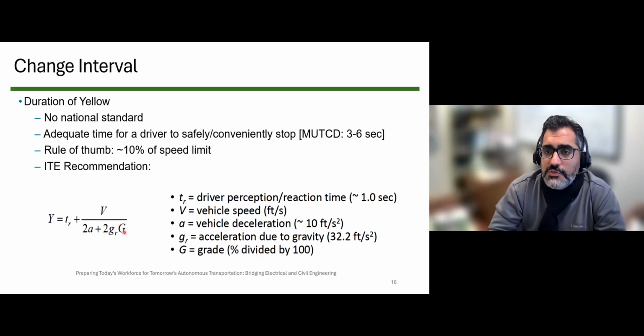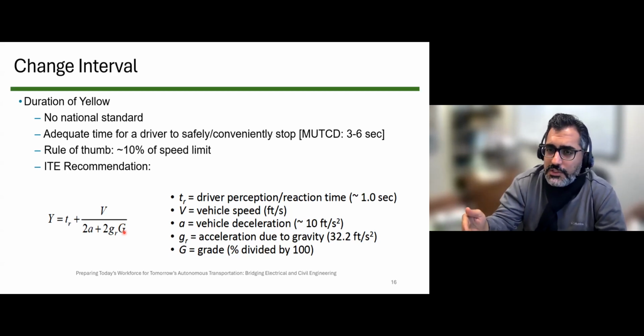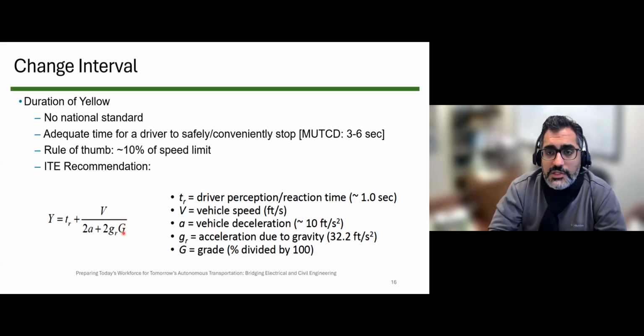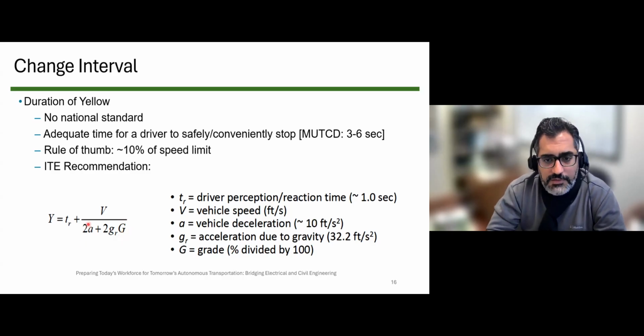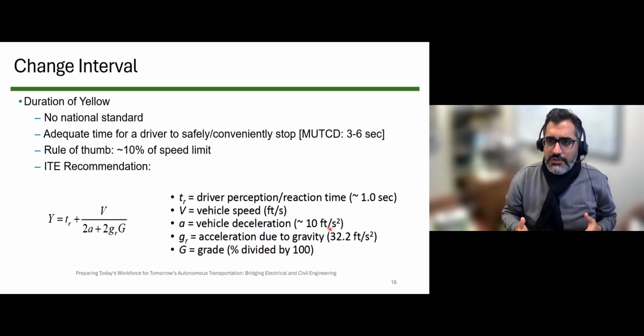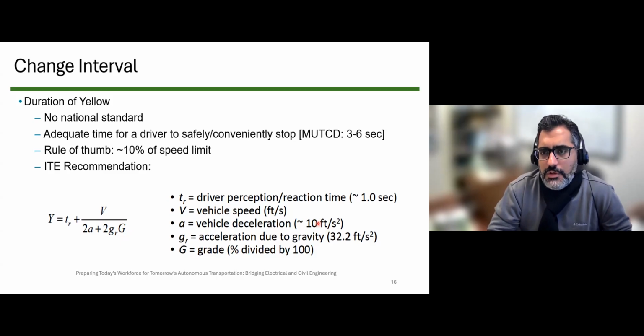So g in that case would be a positive sign. If you're going down a grade, the grade is working opposite of what we expect, so it will take longer for the vehicle to come to a complete stop. So in that case, g would be a negative value. ITE again suggests a deceleration rate that would be acceptable and comfortable for drivers in an urban area, that to be 10 feet per second squared.